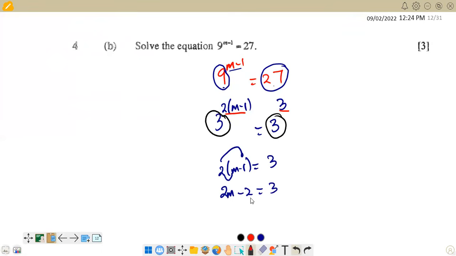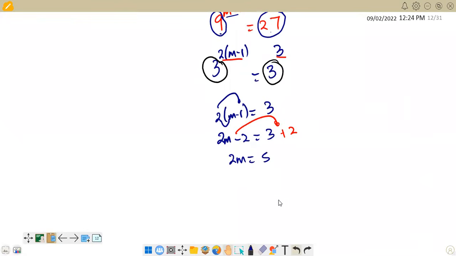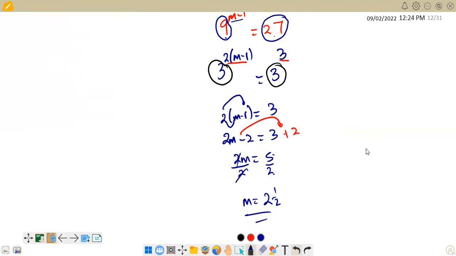Then we can transpose the negative 2 to the other side, it becomes a plus 2. So 2m is equal to 3 plus 2, which is 5. We can divide by 2 both sides. So m is equal to 5 over 2, which is 2.5. So that is the value of m if we are to solve this properly.